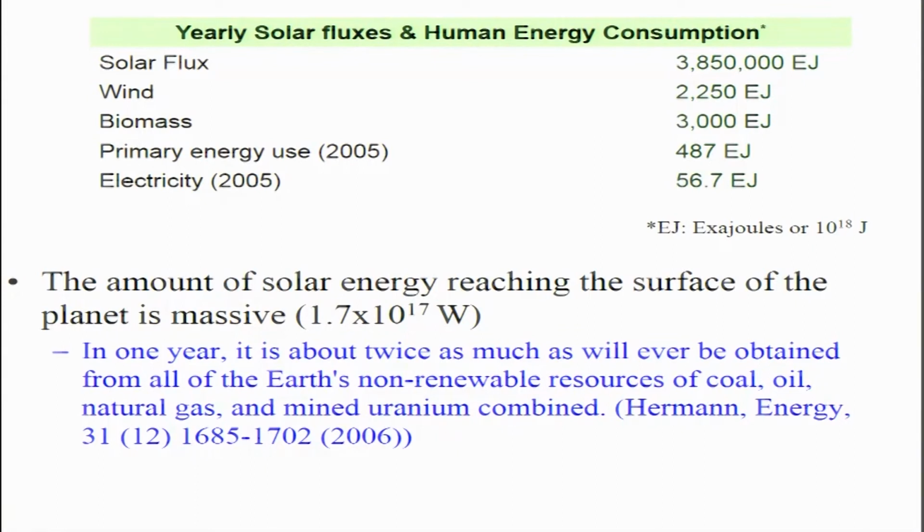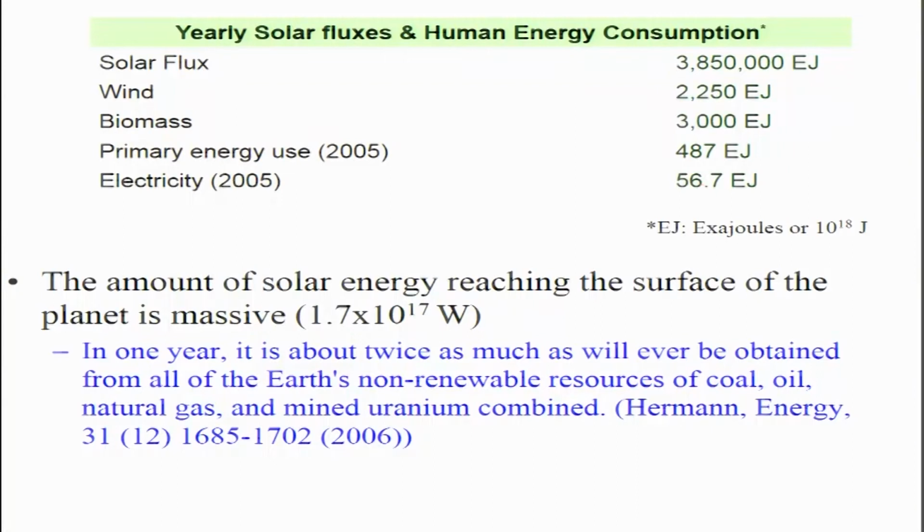You can see the amount of solar flux available is huge when you compare it with the other energies. Wind energy is, for example, 2250 exajoules, biomass is 3000 exajoules. The primary energy use as per the data of 2005 is about 500, or maybe right now about 1000 exajoules or so, whereas out of this electricity is about 60 exajoules.